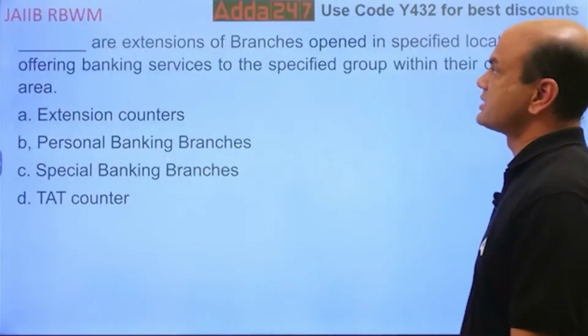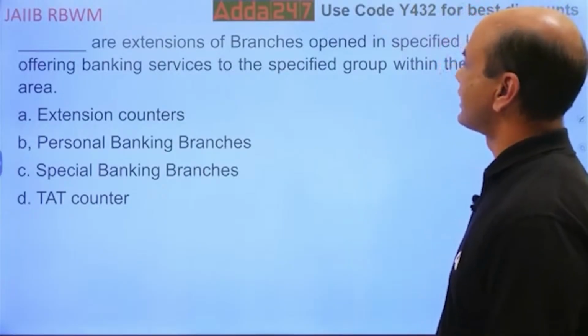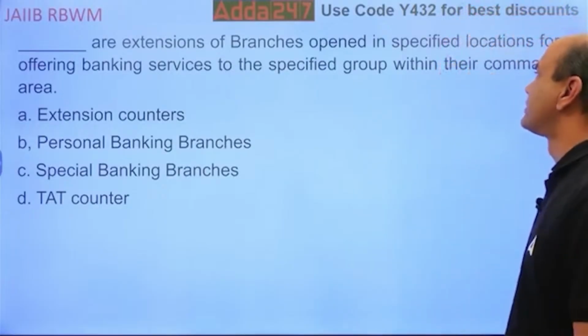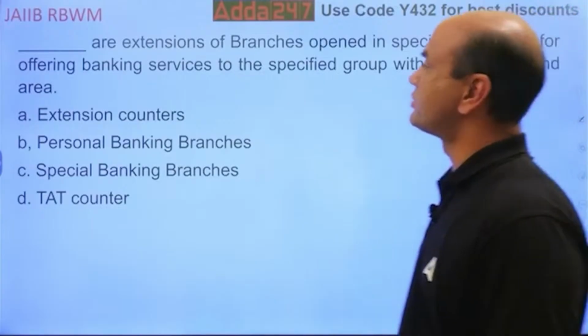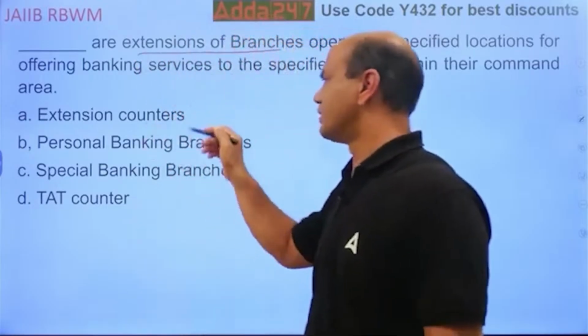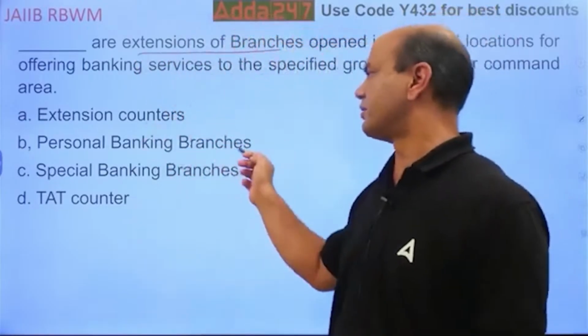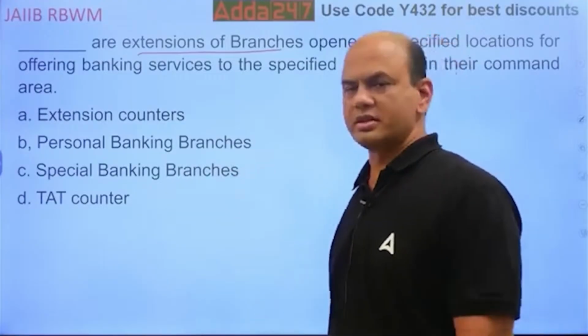Dash are extensions of branches opened in specified locations for offering banking services to specified groups within their command area. What is the extension of a branch? Extension counters, personal banking branches, special banking branches, TAT counters.